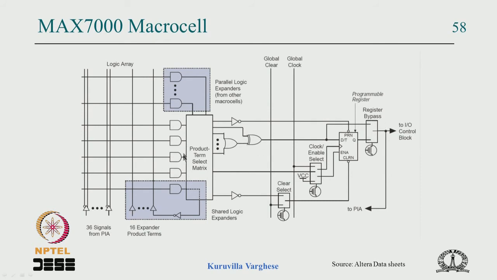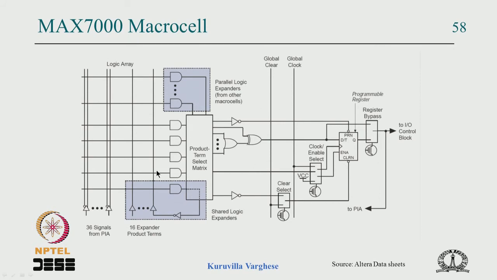If the number of product terms is less, it can be used for programmable polarity, that if it is 1 it is inverted, if it is 0 it is not inverted. It can be used for arithmetic circuits like half adder, full adder, or for parity, all kinds of uses, you can make use of this XOR gate.